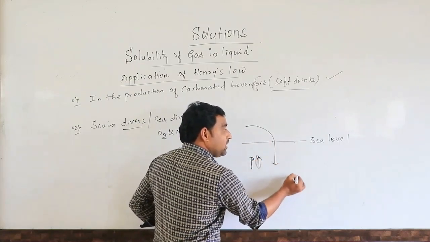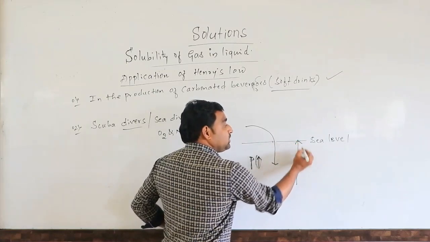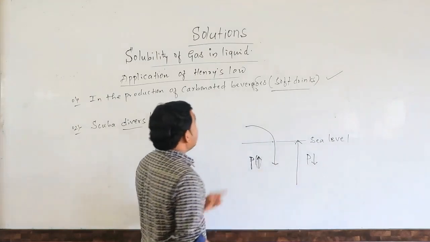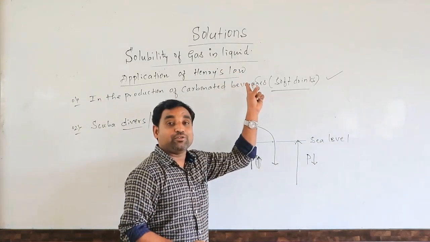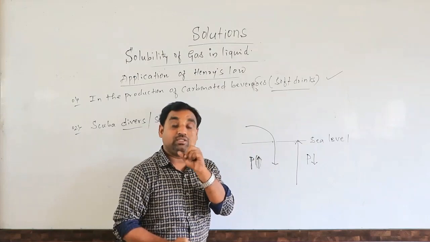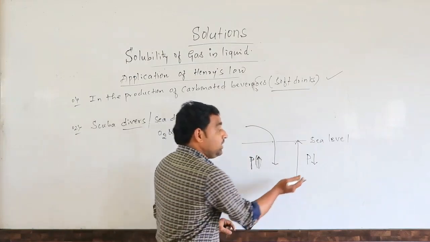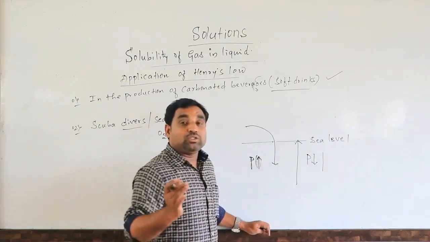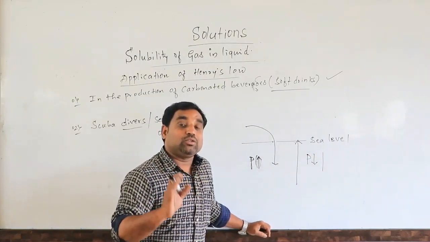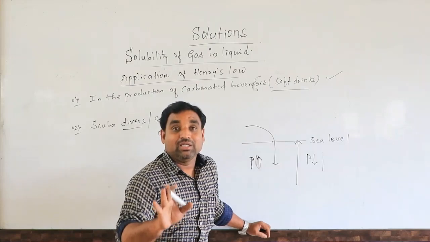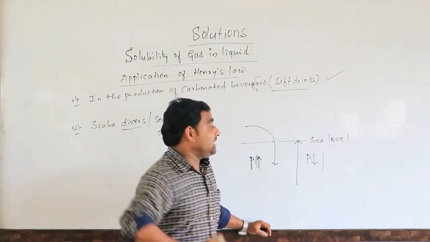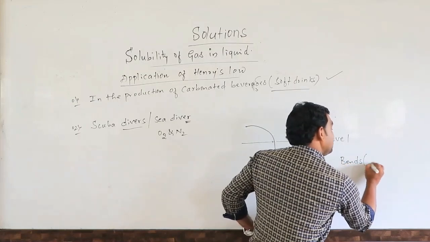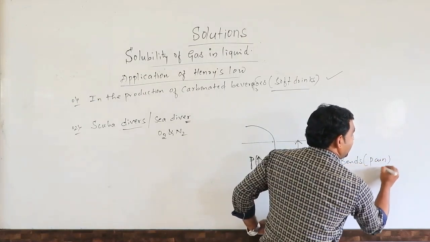While coming back towards the surface, the pressure decreases, so according to Henry's law the solubility of the gas in the blood decreases, and those gases come out of the blood. When they come out, they block the capillaries, and that symptom in medical terms is called the bends. That is pain, we call it.